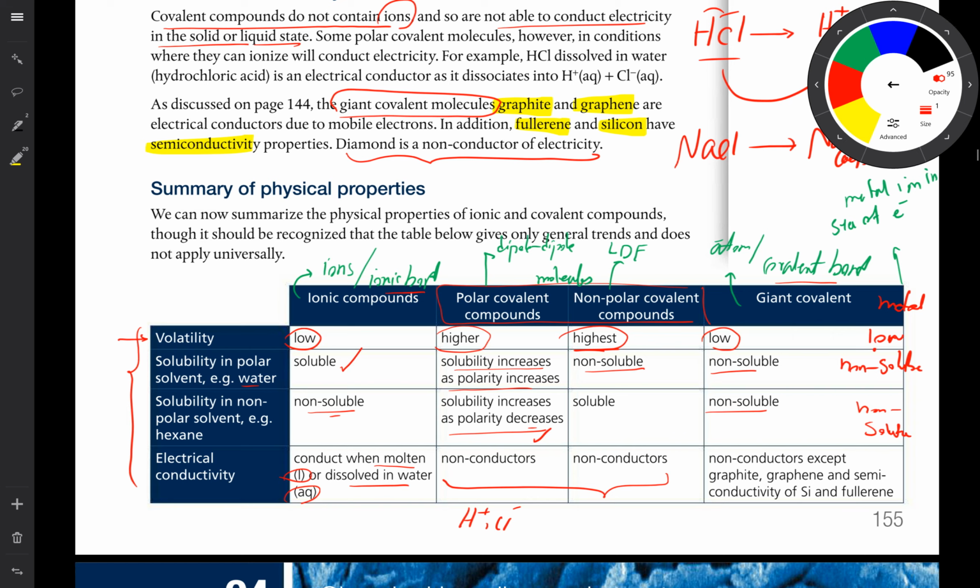Giant covalent compounds, as you know, are not conductors of electricity except graphite and graphene, and silicon, which is a semiconductor.